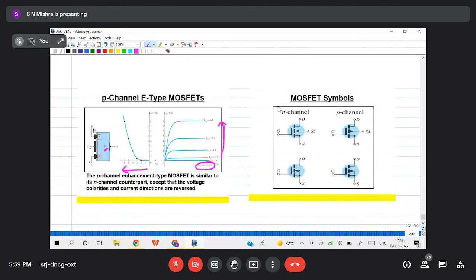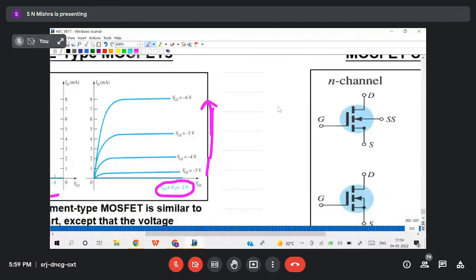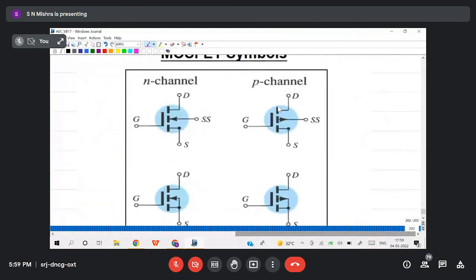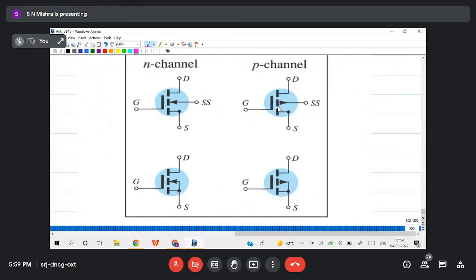Do you mark? Yes, sir, here the gaps. Yes, sir, the gap. The lines are broken. So it indicates the pre-existing channel is not there. You have to build the channel, then only the current can flow across the transistor.